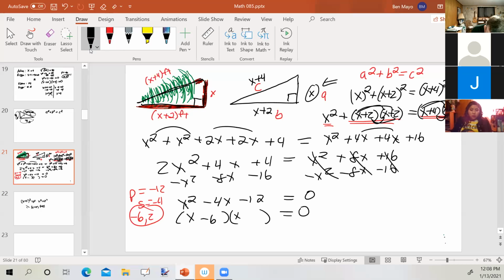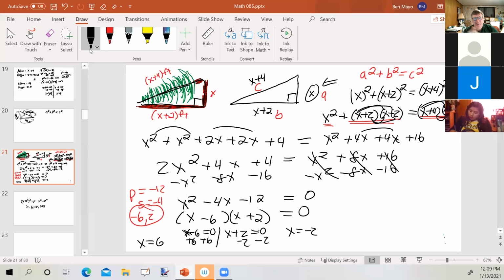So -6 and +2. So now I've got x minus 6 equals 0 and x plus 2 equals 0. If I add 6 to both sides of that first equation, I get x equals 6. If I subtract 2 from both sides of the second equation, I get x equals -2.